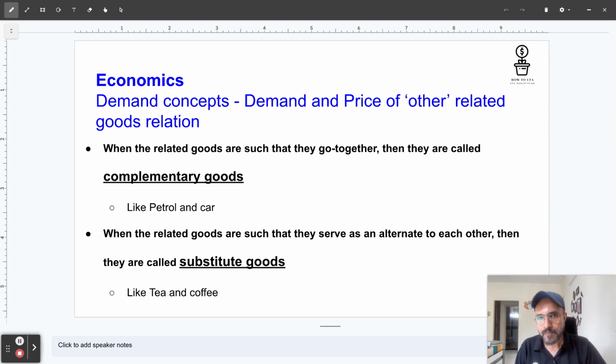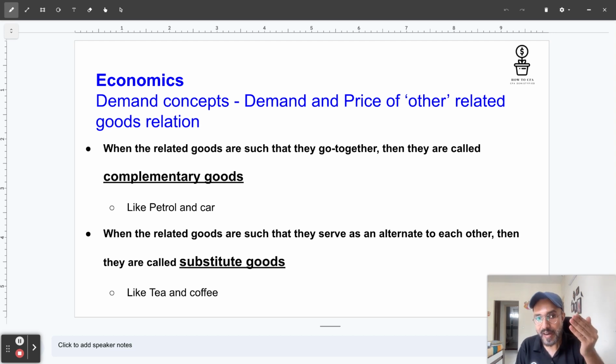So, say the petrol prices in India 3-4 years ago were around 70-80 rupees a liter. Today, the price of petrol has moved from 70-80 rupees a liter to 100 rupees a liter, right? Now, what do you think would be the demand for cars?